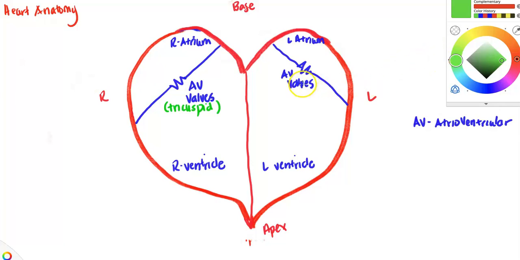And then on the other side, it can be called the bicuspid valve because it has two cusps, and it's also called the mitral valve. So that's these two valves here. All right. So that allows blood to travel from the atria down into the ventricle. Those valves do.